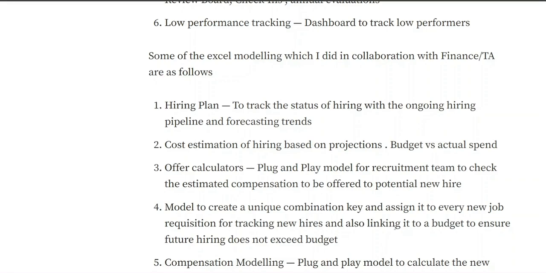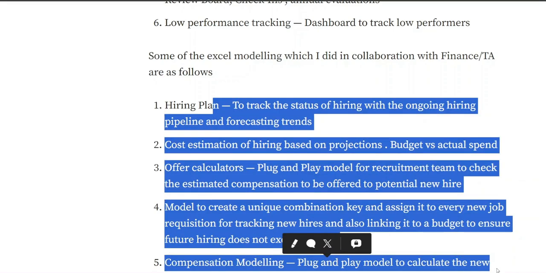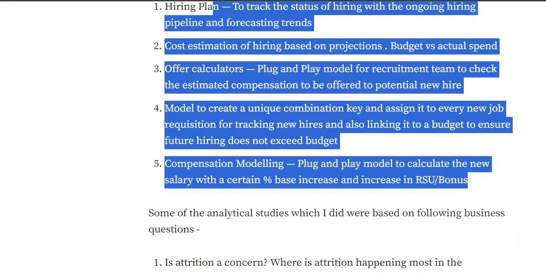Then there is also a possibility of working in compensation modeling where we can create some trackers and track the spending versus usage based on a certain budget. So, pretty much a lot of use cases when it comes to modeling in Excel.